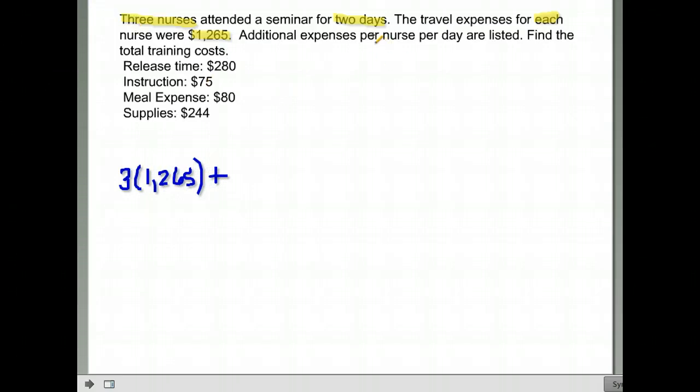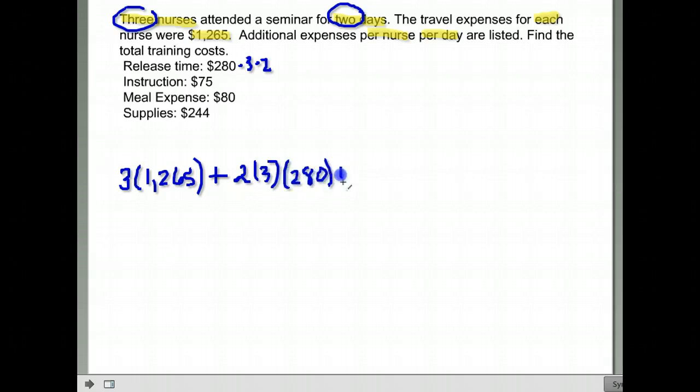Additional expenses per nurse per day are listed as the total training costs. Okay, so per person per day. There are 3 people and it's a 2-day conference. So each of these we're going to take times 3 and times 2, or 3 times 2, which is 6 if you prefer that way. So we have our release time would be 2 times 3. Okay, 2 days, 3 people, $280 a person.